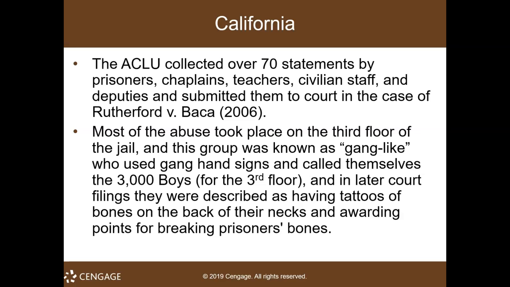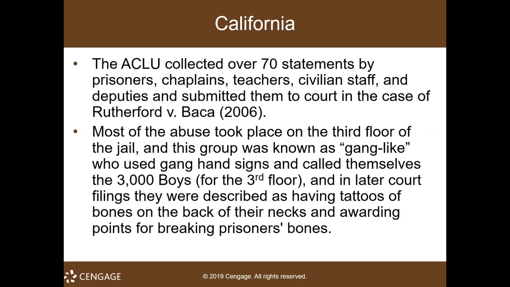And most of the abuse in this particular case took place on the third floor of the jail. And this group that worked on the third floor was kind of known as a gang-like group who used hand signs and called themselves the 3,000 Boys for the third floor, okay?